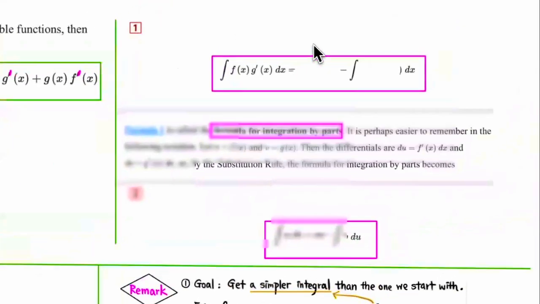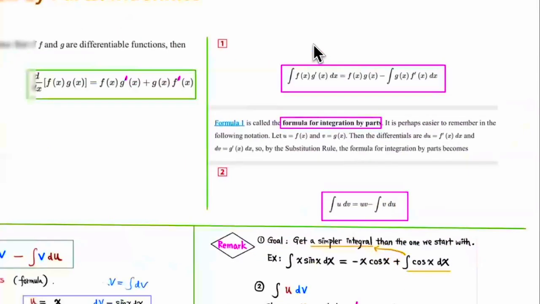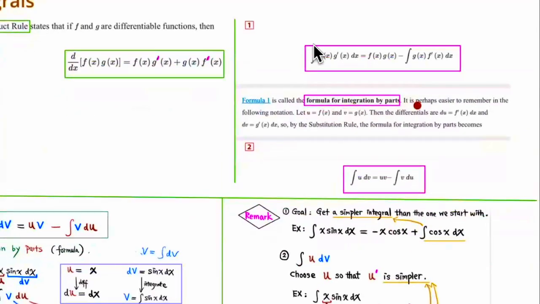If you use this notation, that will be f of x times g of x minus the integral of g of x times f prime of x dx. So these are the two corresponding rules. This is integration, this is differentiation. So integration by parts and the product rule are the two corresponding rules, one in integration, one in differentiation.